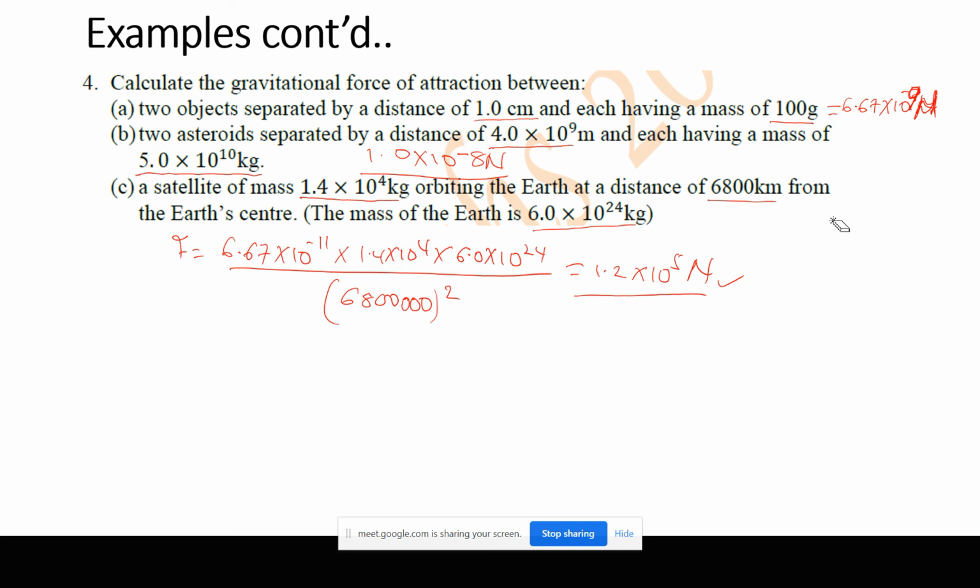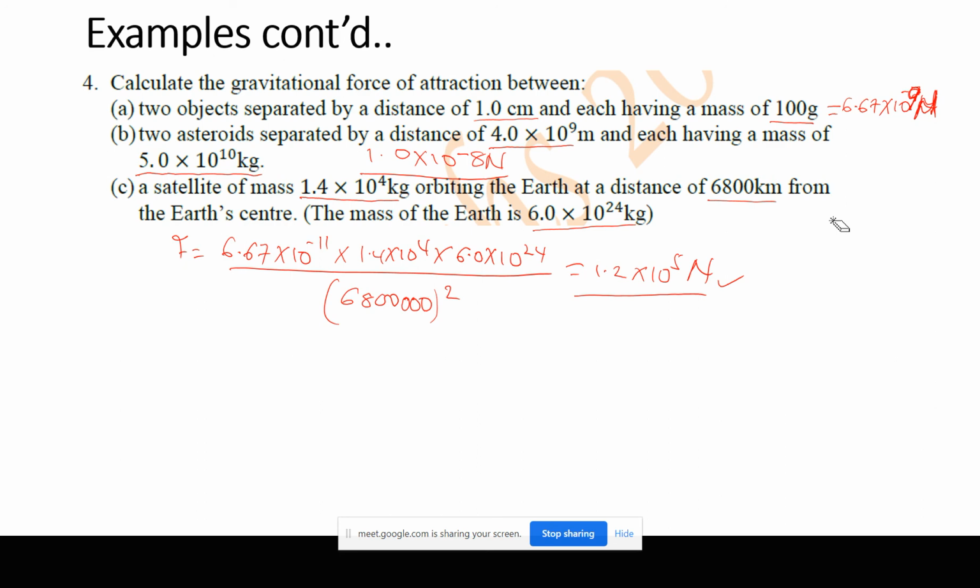But I said this law only applies to point masses. Two masses are considered to be point masses if their separation is much greater than the diameter or the radius of any of the two masses.